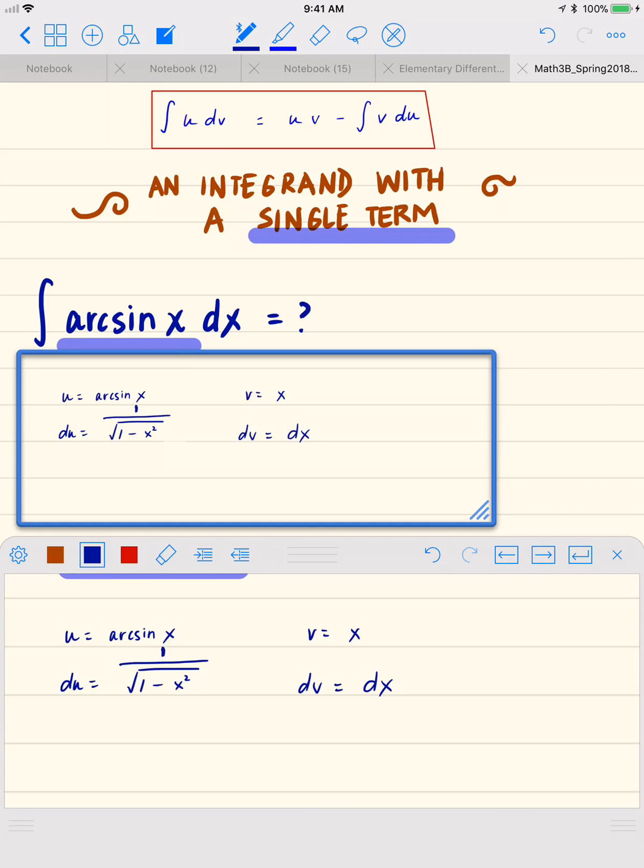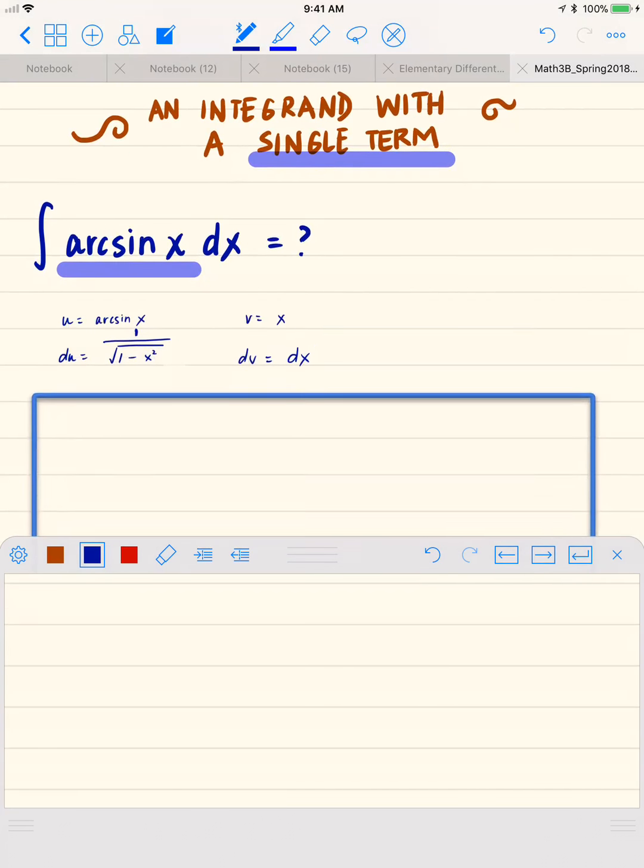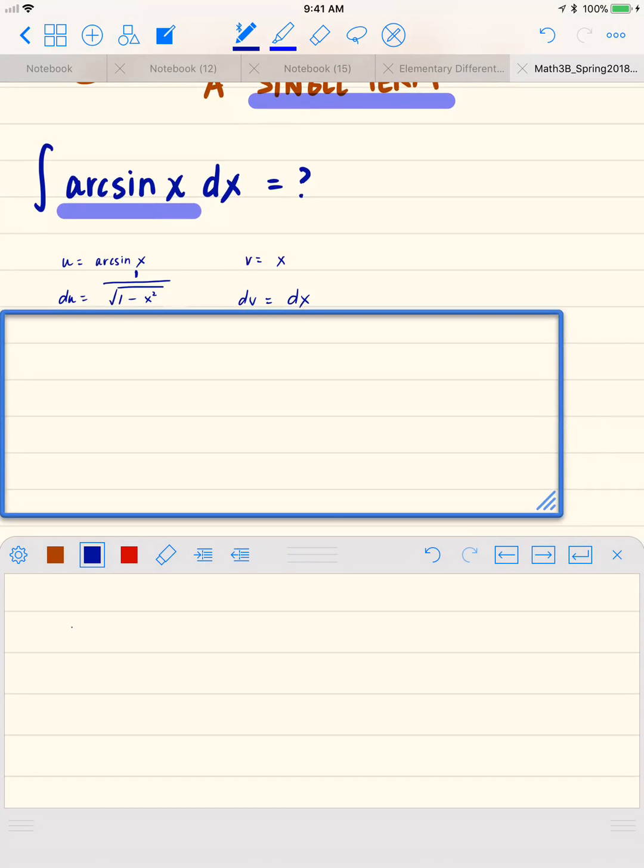All right. So now let's go to step 3, which is going to be to say my integral of arc sine of x dx is equal to, this is my formula, uv minus the integral of v du, right?